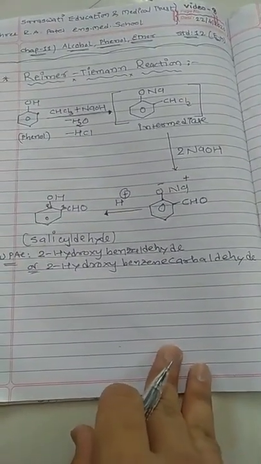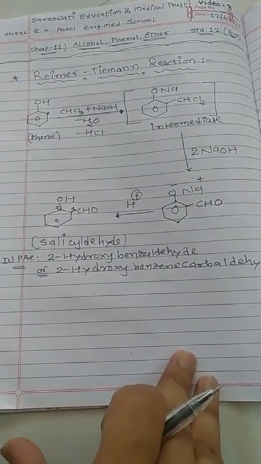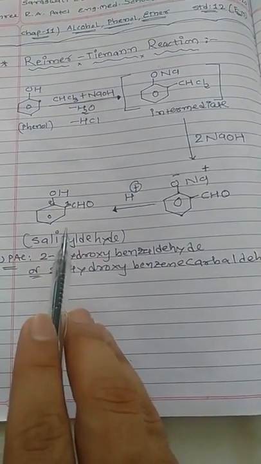Both nomenclatures are considered IUPAC names. So this is the role of the Reimer-Tiemann reaction to manufacture salicylaldehyde in the laboratory.